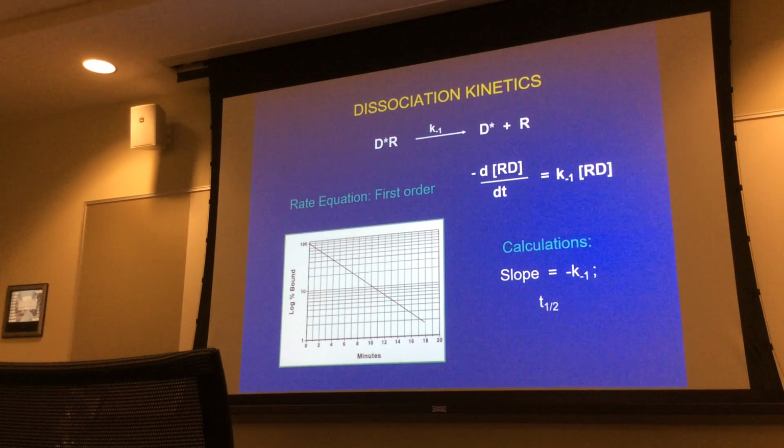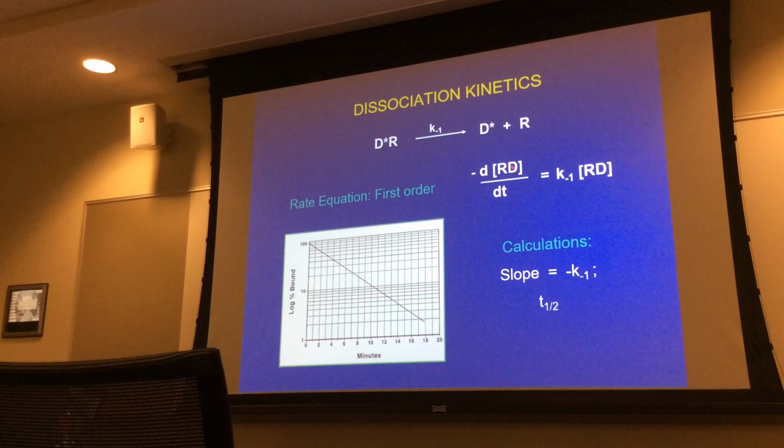Now there's the rate equation here, and I doubt that many of you remember much of your freshman chemistry, but you probably learned about first order and zero order rate equations many years ago. And you don't really have to know this very much, but here is the equation that defines this. The rate of disappearance of RD, so disappearance, that's where you have the minus sign.